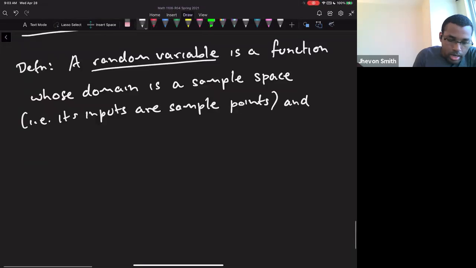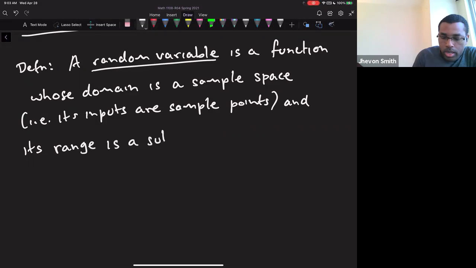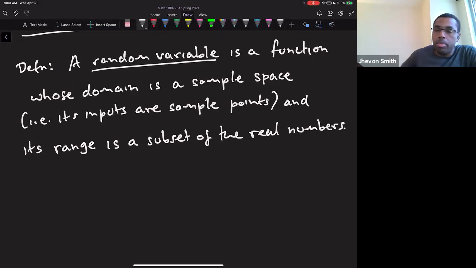And its range is a subset of the real numbers. So you input a sample point and it outputs a number.